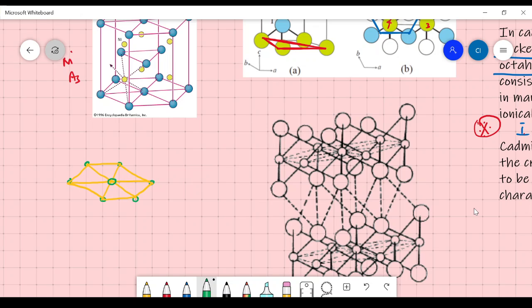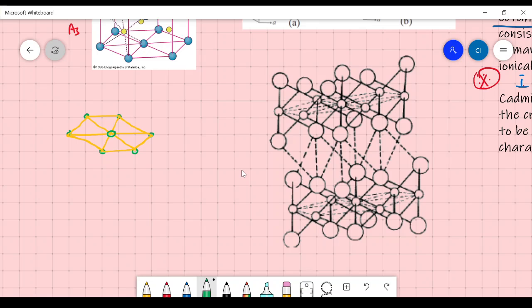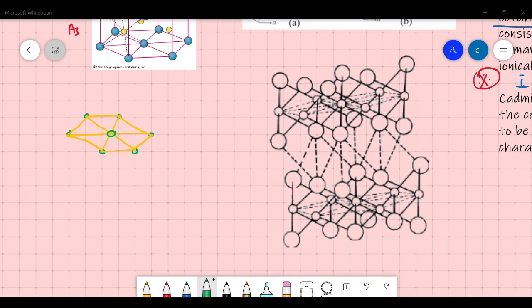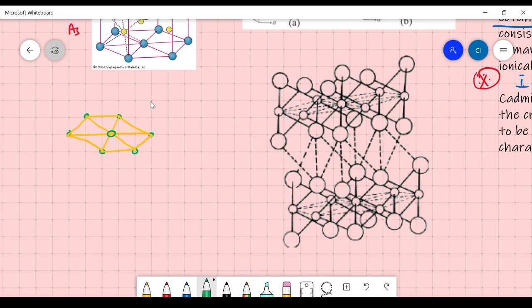Okay. I'm giving importance to drawing because unless you draw it, you're not going to learn anything, and this is the way of learning. Okay. This thing representing cadmium there, and this thing representing the iodine there. So I'm just going to draw lines here and here.